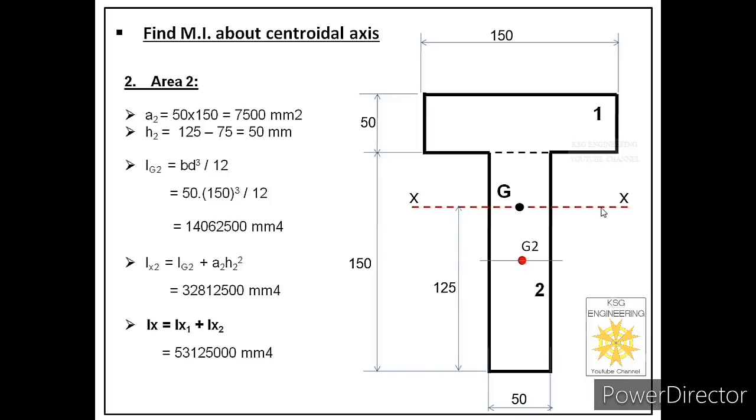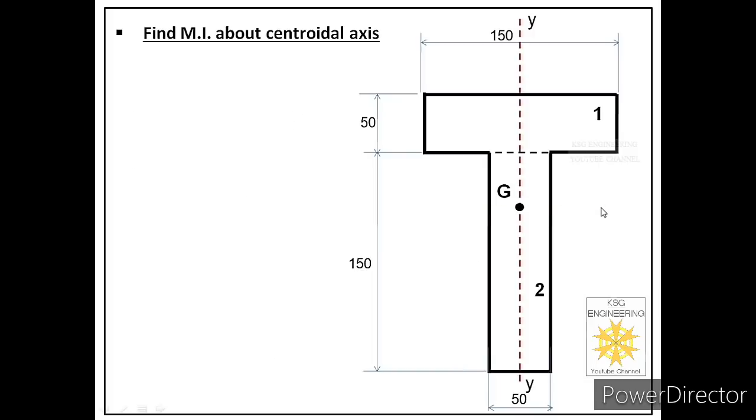Now let us solve the second part of this numerical. What we have to do in the second part is find the moment of inertia of this composite area about the centroidal axis yy.